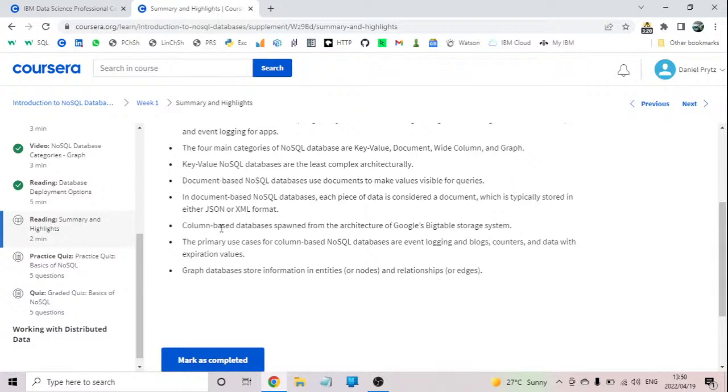Okay, so this section is done. Let's just go over the summary and highlights. NoSQL means not only SQL. It also means non-relational data. NoSQL databases have their roots in the open source community, and they called it NoSQL.